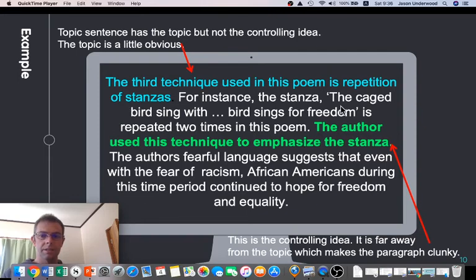It has quotes and it has explanation here. So it has everything a paragraph is supposed to have, but it's clunky. And that's because the topic and the controlling idea are separated. And the topic is a little obvious, the third technique. Let's take a look at how we could fix this.